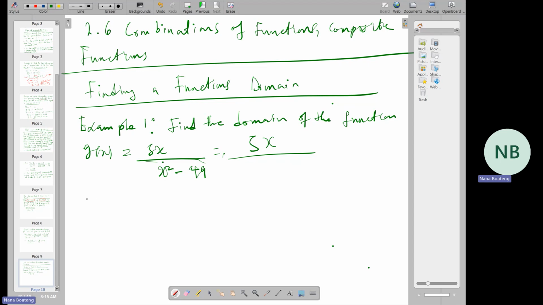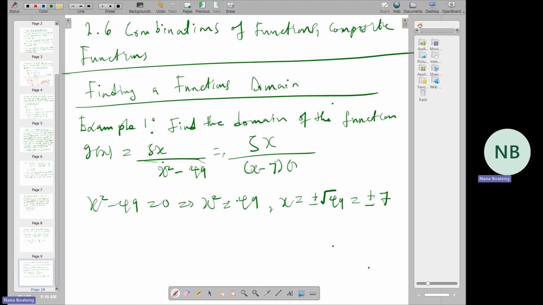So x squared minus 49 is equal to 0, which means x squared is equal to 49. Taking the square root on both sides, x is equal to plus or minus the square root of 49, which is plus or minus 7. So we can factorize x squared minus 49 as x minus 7 times x plus 7.